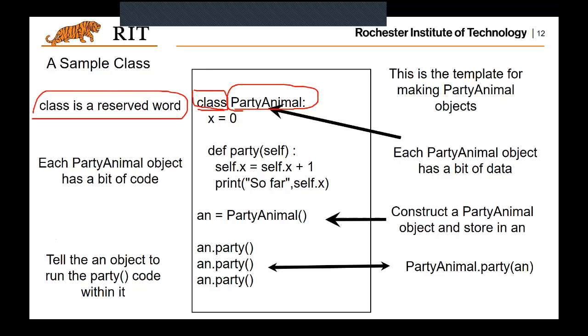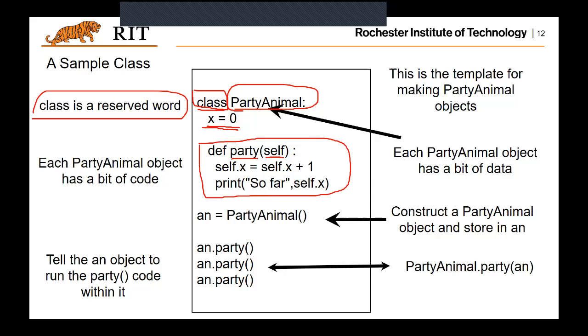So you have such a class, and for this class, there's a variable, a data x, which is assigned to be zero. And also here shows a definition of a method. This method is called party, and it takes the variable self, or the parameter self.